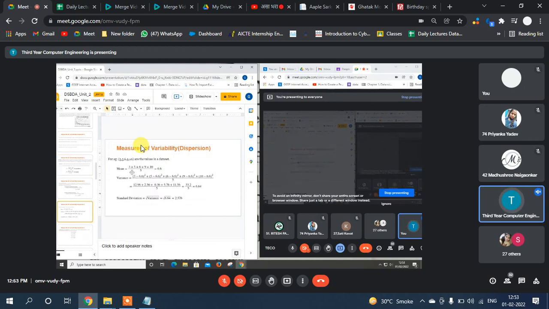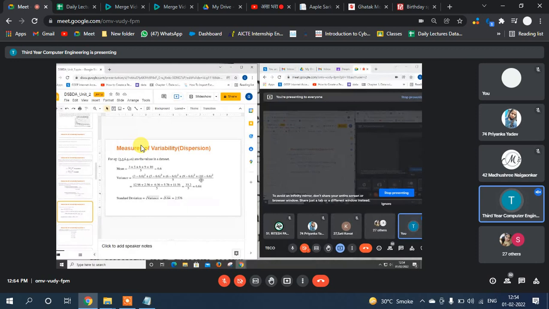So variance is equal to 3, my first value, minus mu, mu is 6.6, bracket square, plus, because it's a summation, the second record, 5 minus 6.6 bracket square, plus 6 minus 6.6 bracket square, and so on. Every record we have to consider, divided by the total number of records. So this calculation we can perform.